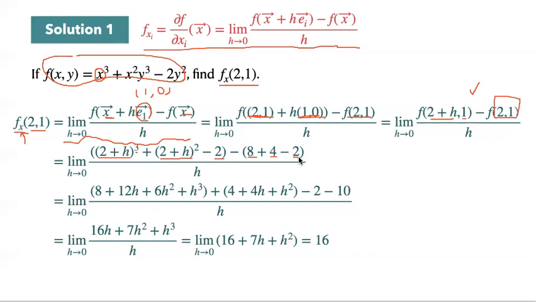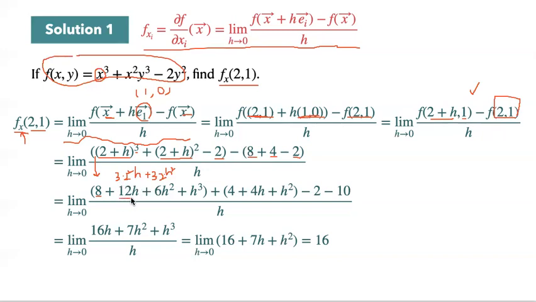Okay, so let's compute it. Then we get 8 plus 3 times 2 squared h plus 3 times 2 h squared plus h cubed.